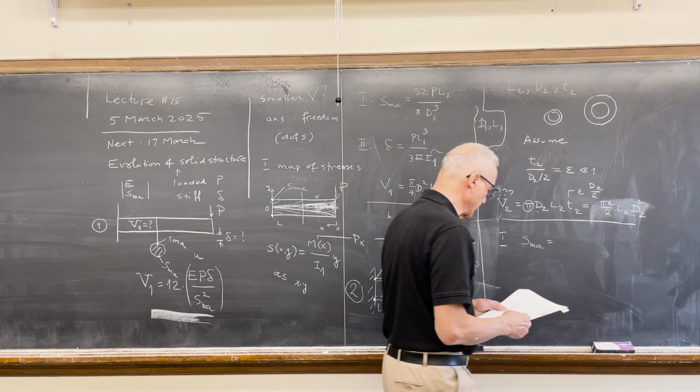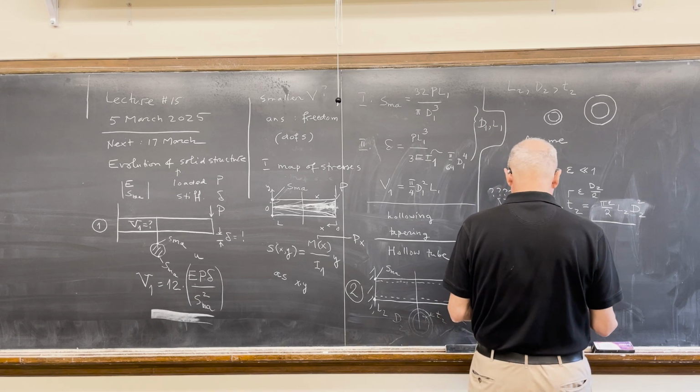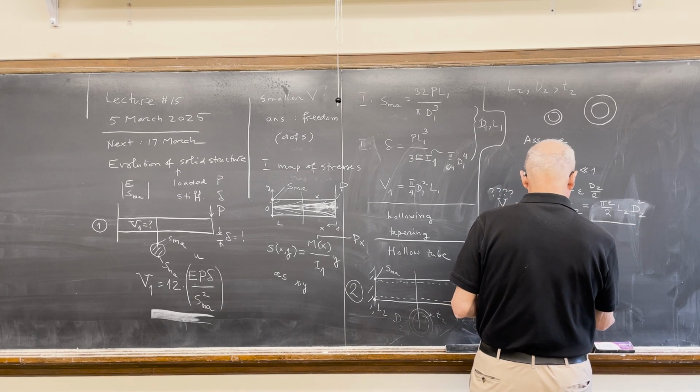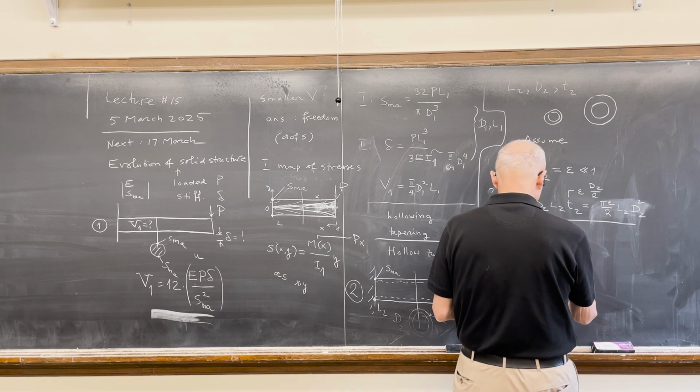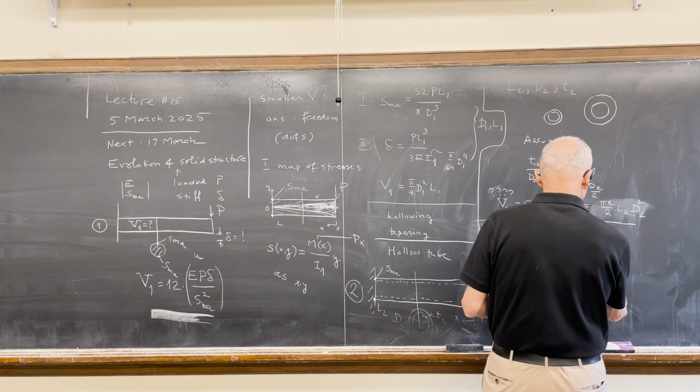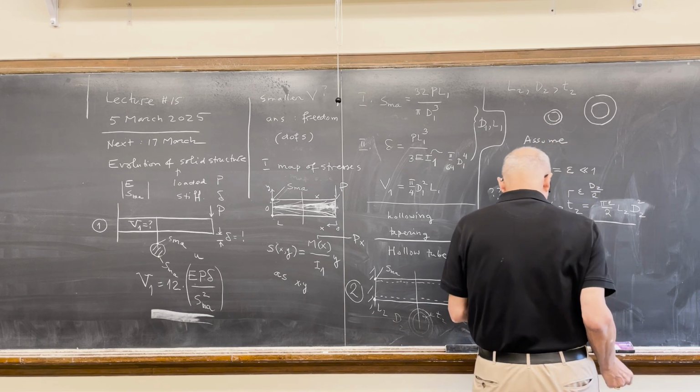And so for Roman 1, the formula is SMA equals PL2 over I2, the area moment of inertia of the annulus, times d2 over 2.